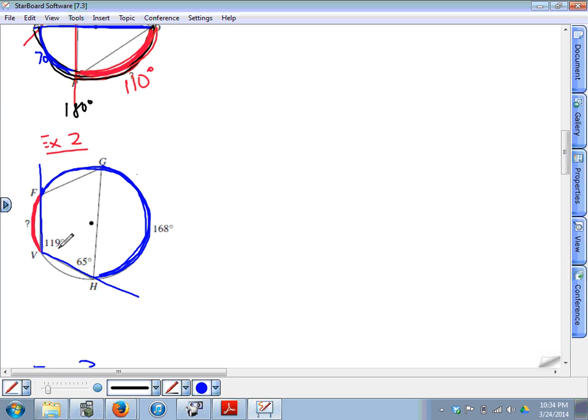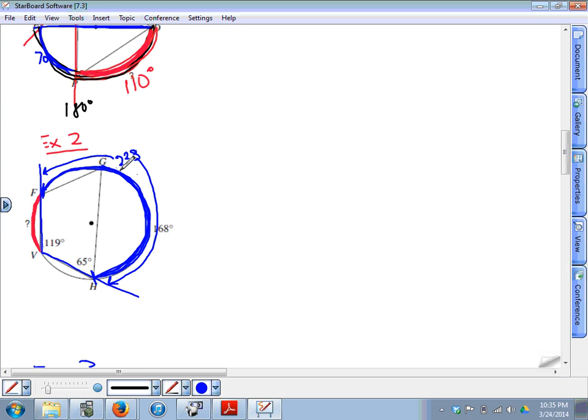What's double of 119? It's 238. So from F, measuring around the circle all the way to H, that should have a measure of 238.